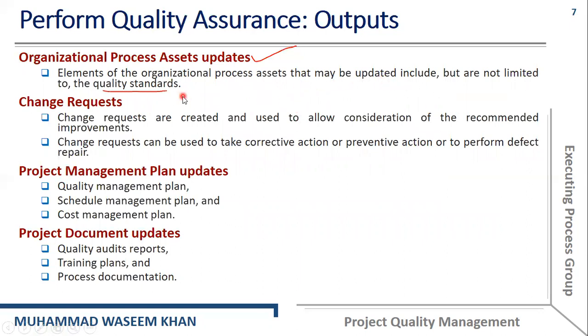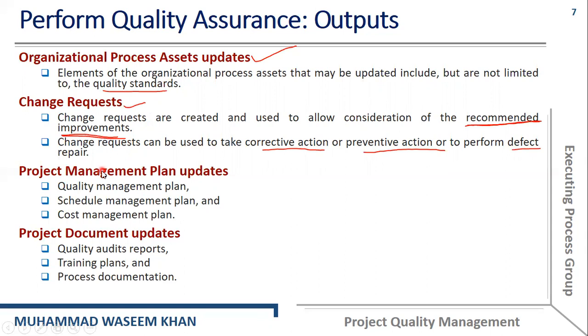Those assets are updated because of the improvement of different processes, or converting the shortcomings or the gaps or weaknesses into the strengths. Change requests are created and they are used to allow consideration of the recommended improvements. Change requests can be used to take corrective action or preventive action, or to perform the defect repair.